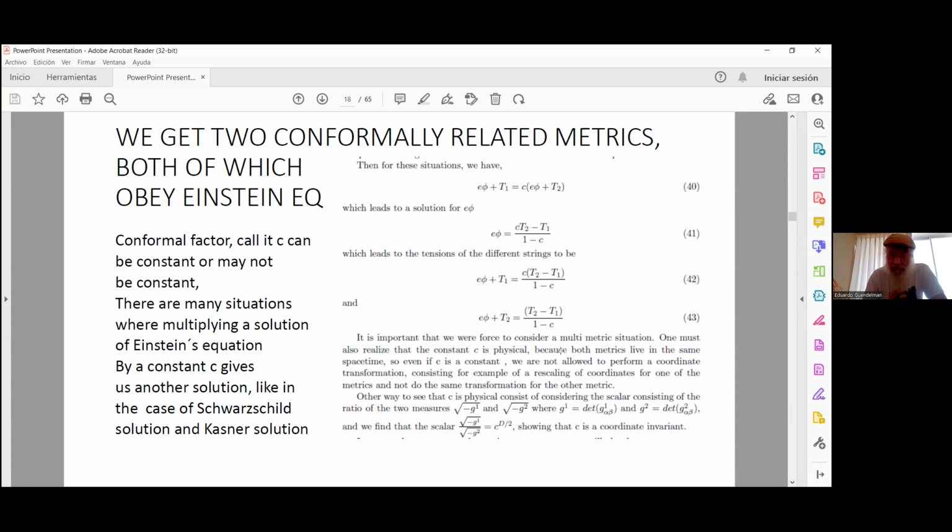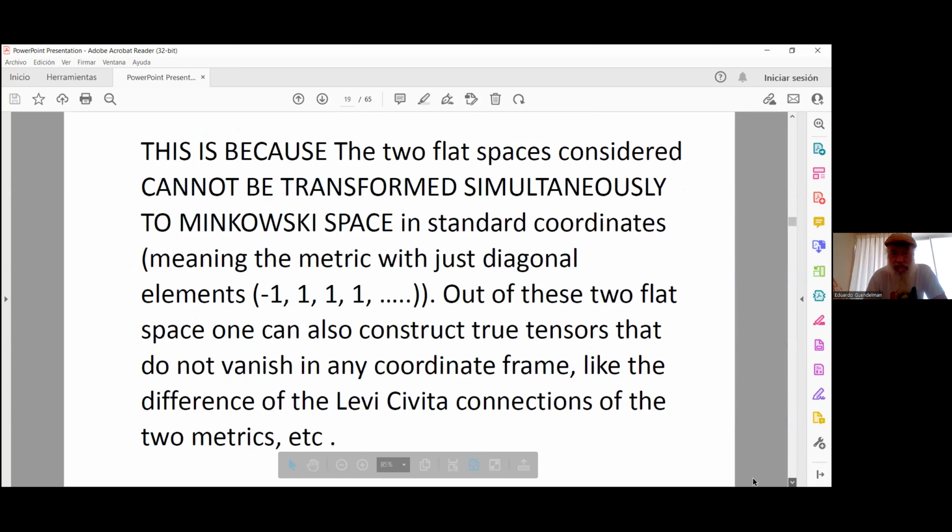And you can see that it's physical, for example, by considering the ratio of the square root of minus G1 divided by the square root of minus G2, which is a scalar, and is C to the D minus 2. So this constant here is physical, even if the two metrics are related by a coordinate transformation.